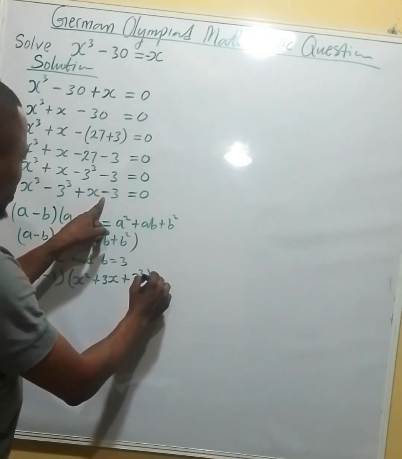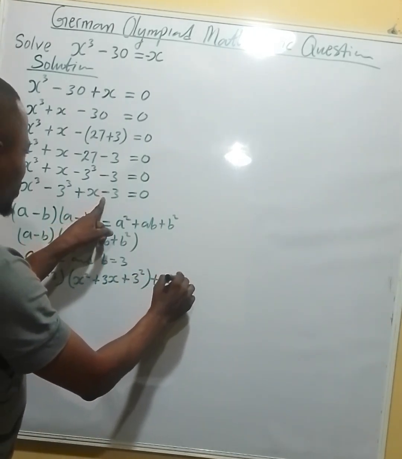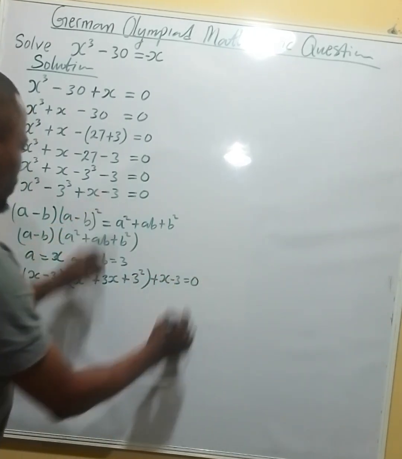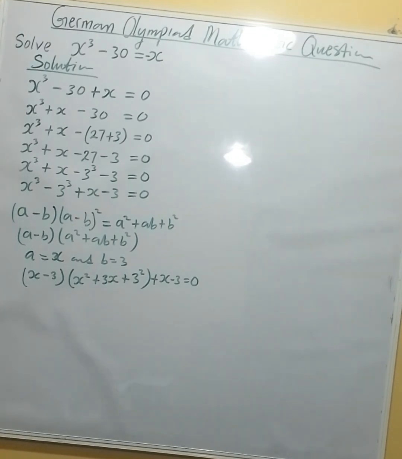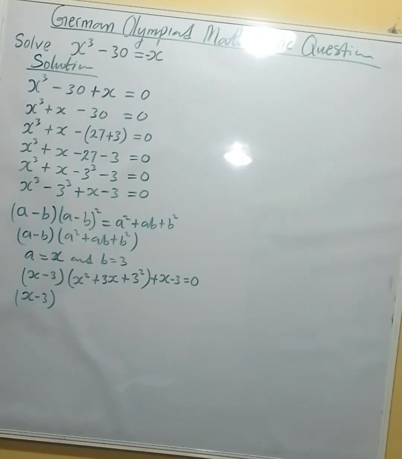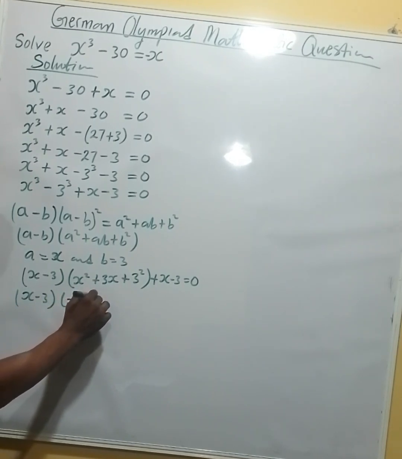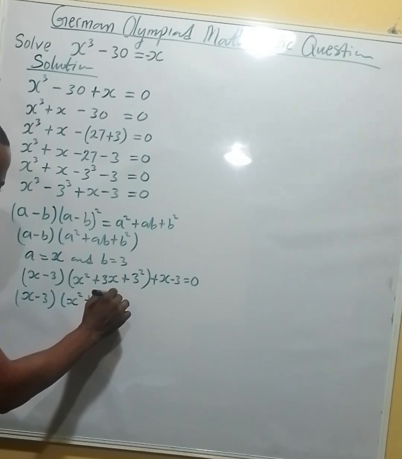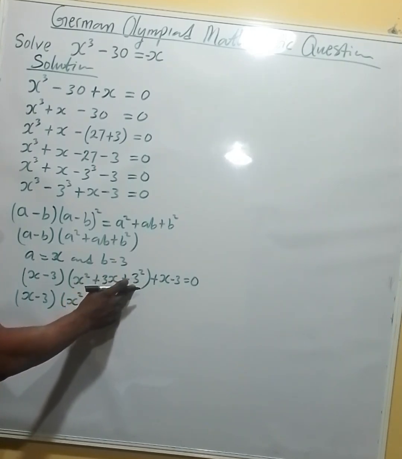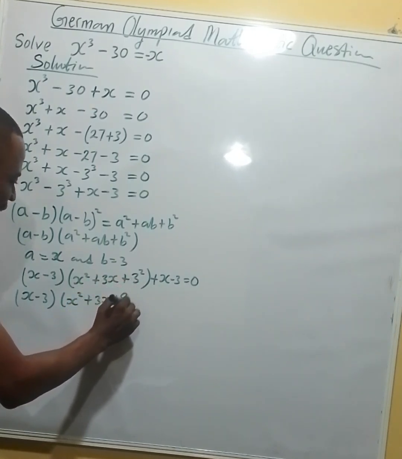Then plus x minus 3 equals 0. So with what we have now, x minus 3 into bracket x squared plus 3x plus 3 raised to power 2, which is 9.